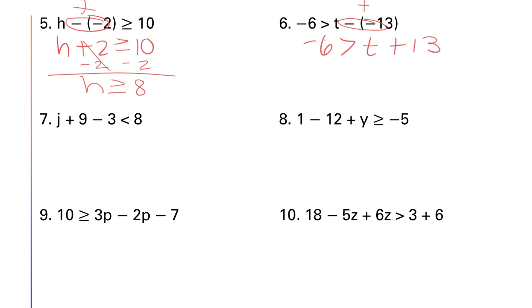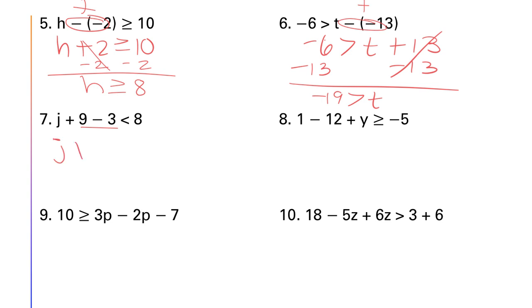What do I get rid of here? By what? Subtracting, right? So my answer is going to become negative 19 is greater than t. In number 7, can I simplify before I start moving, isolating? 9 minus 3, correct?